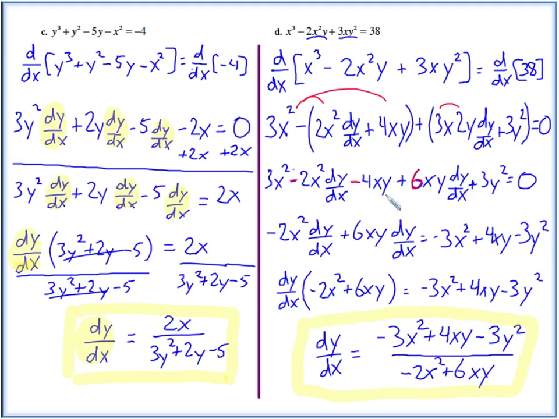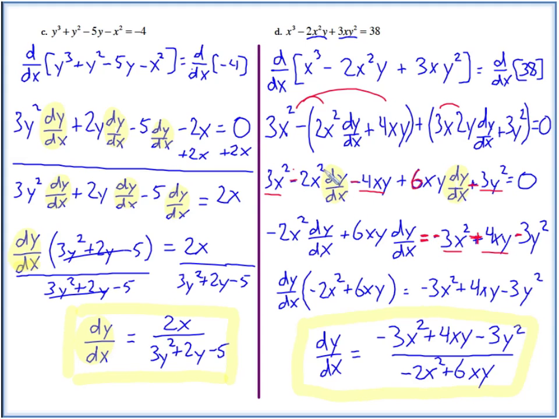Then what I did is I grouped everything with a dy dx on one side of the equation, and everything that didn't, I moved to the other. So you can see this term right here got subtracted over here. This term right here got added right here. And this term right here got subtracted onto the other side of the equal sign.